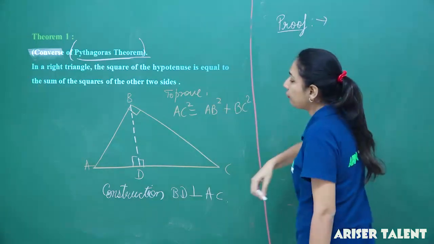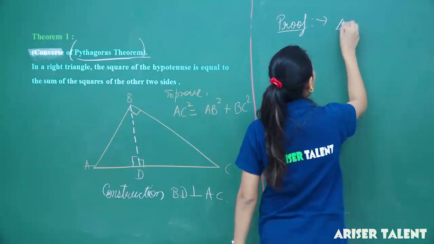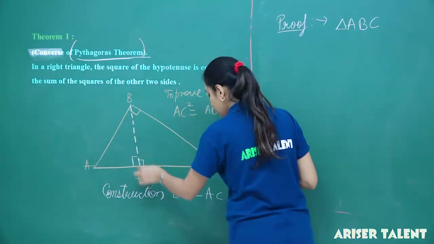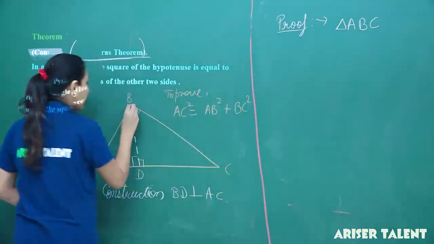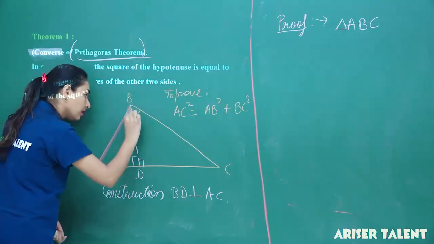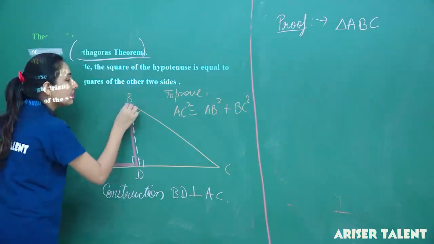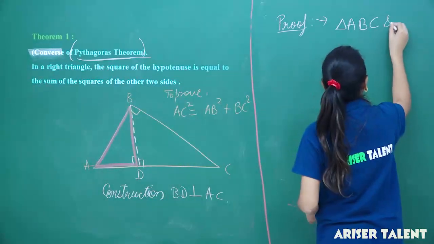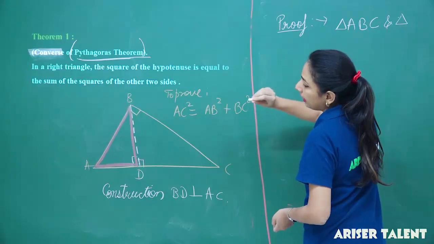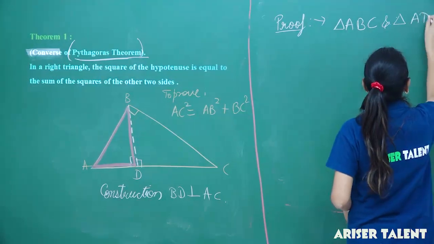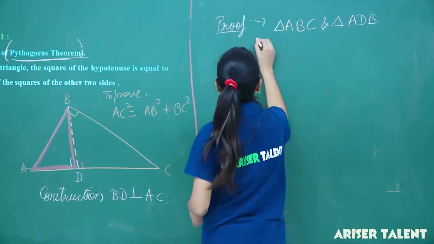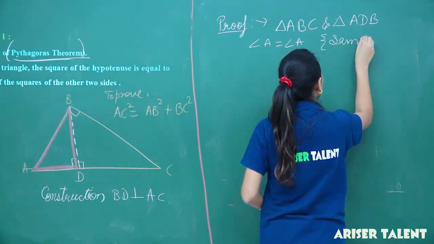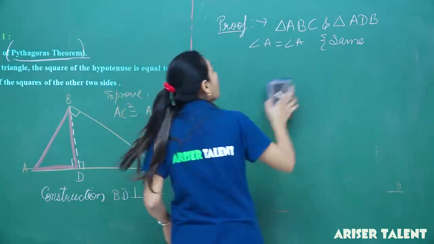Talking about the proof, if we take this triangle ABC, okay, students. Now triangle ABC and triangle ABD. Mark it, students. I am taking this triangle ABD and this complete triangle ABC. So ABC and triangle ADB. In this, students, I can say that angle A equals angle A, same angle, or more accurately, common angle.